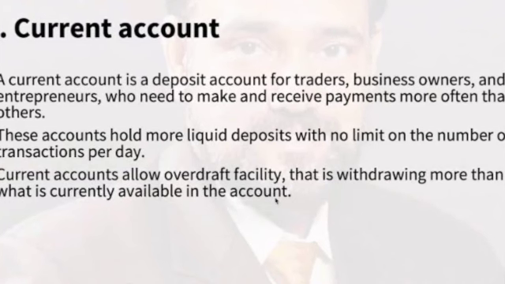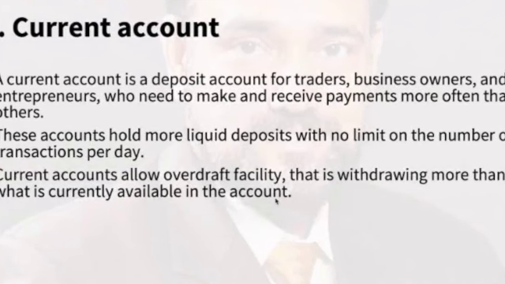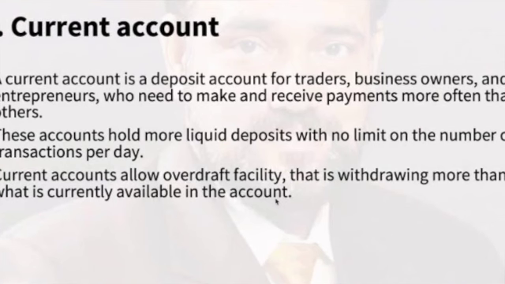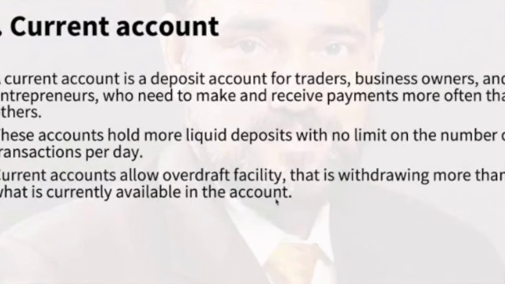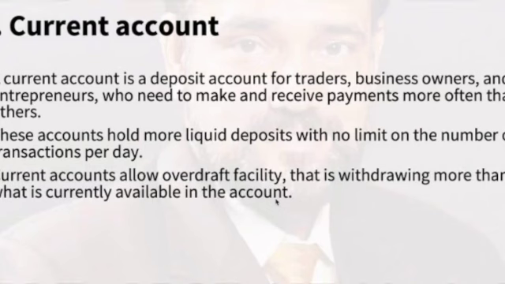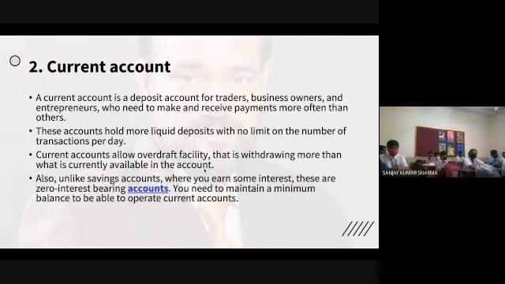So this facility is called overdraft facility, when you are allowed to withdraw more money than what you have in your account. Correct? Okay. And here the interest given by the bank is almost nil, zero. The bank does not give any interest. In a savings account they give at least 2.5% to 3%, in this they do not.